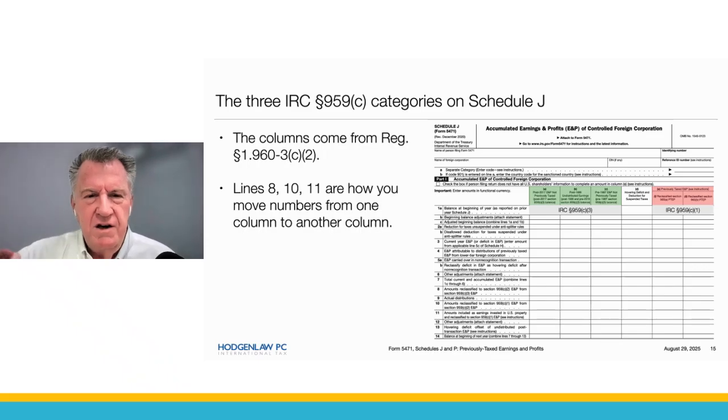Now, you can see the different 959(c) categories here on Schedule J. So the green ones are category 3, the untaxed earnings and profits. And then you see starting in column E and going E1 through 10, little Roman numeral 1 through Roman numeral 10, these are categories 1 and 2, pardon me.